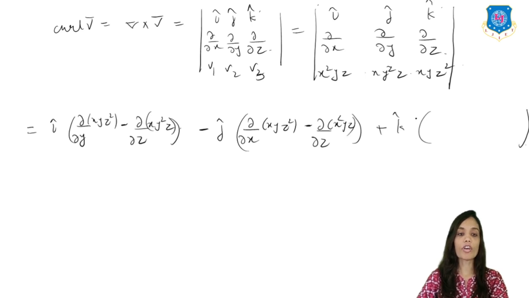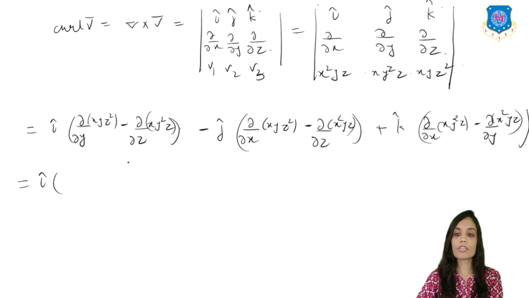And lastly, from here it will be ∂/∂x of xy²z minus ∂/∂y of x²yz. So now just write the answers of the derivatives. If I solve with respect to y, it will be xz² minus, if I solve with respect to z, xy².